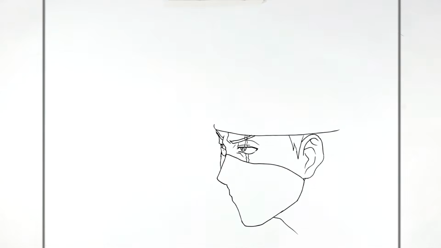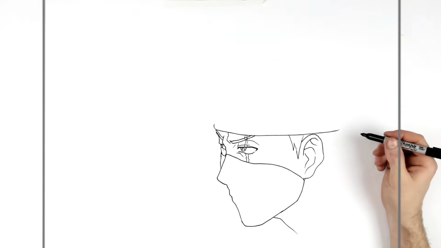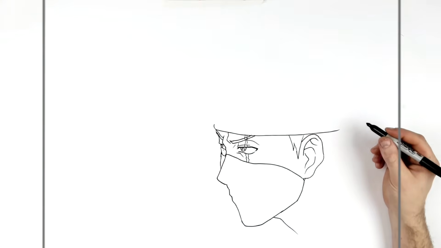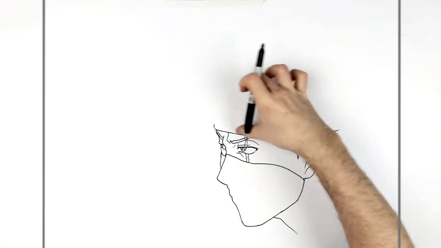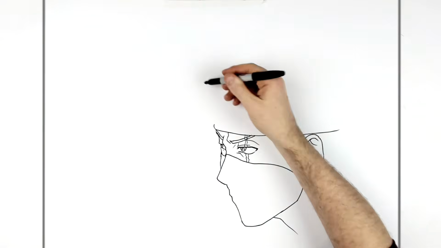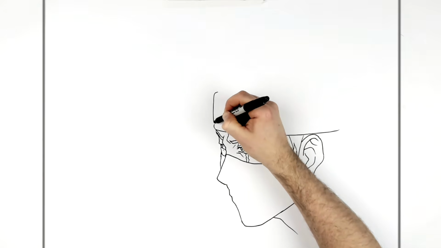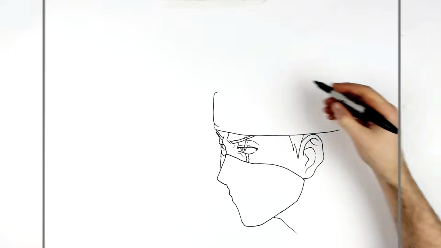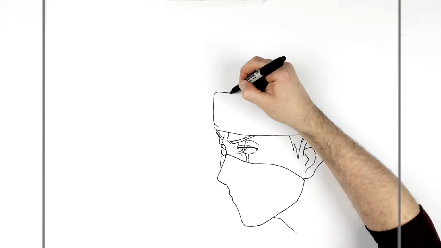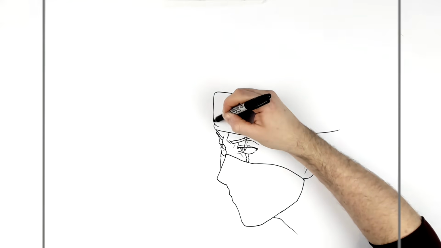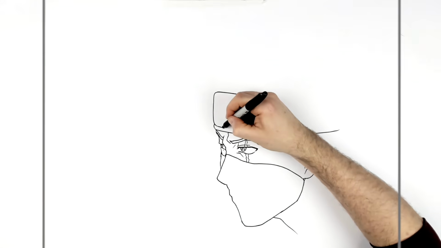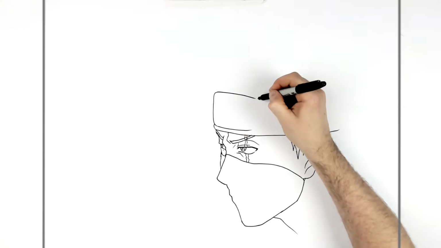Then we'll go up and do his hair. So, and his headband. So we'll do the headband that comes across, and there's some hair that sticks out from there. So we've got the metal plate of the headband, right? Kind of sticks out here. And then it'll go in. And then curves around here.